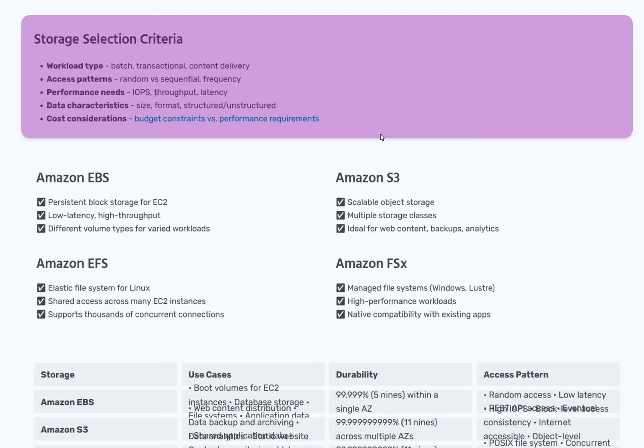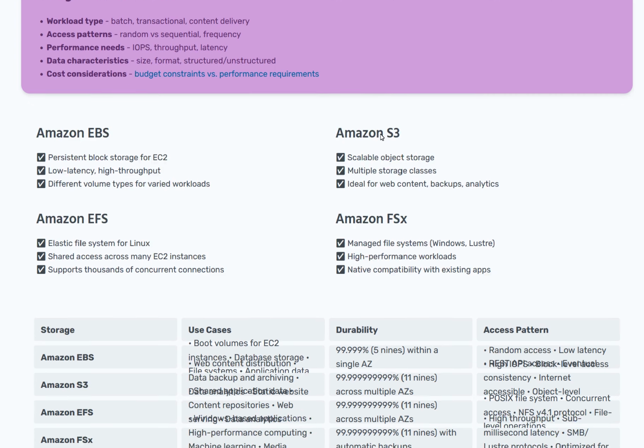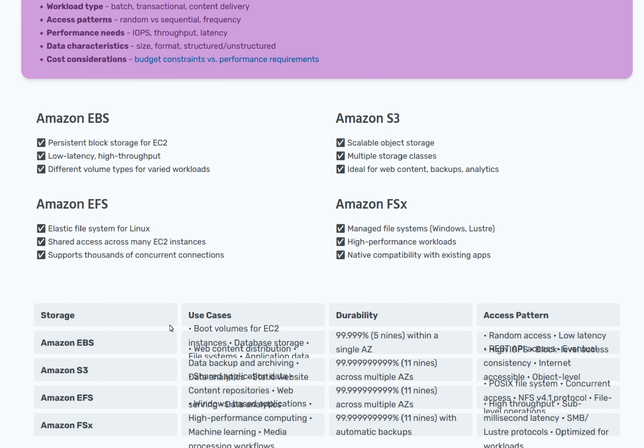So workload type, we discussed, right? And here the table is not really very good.